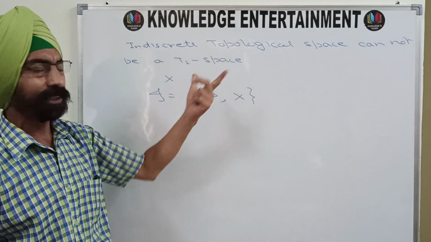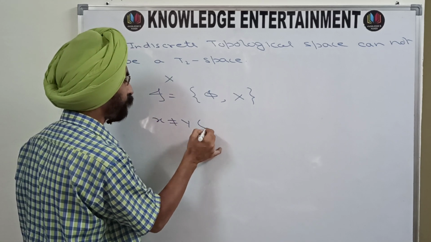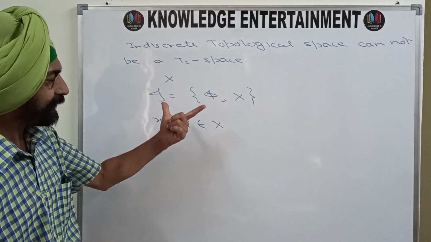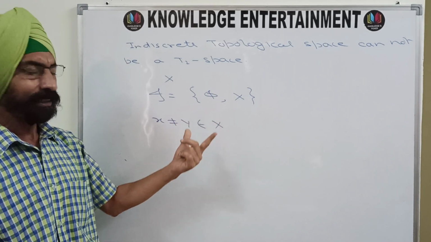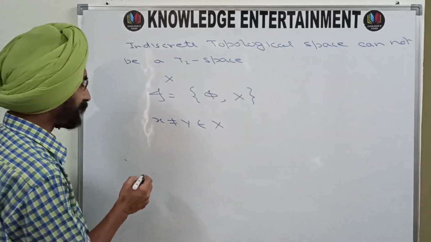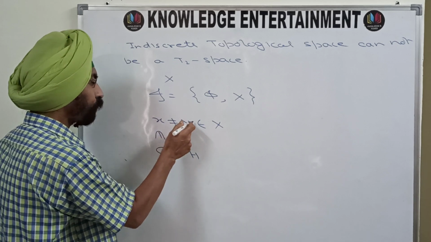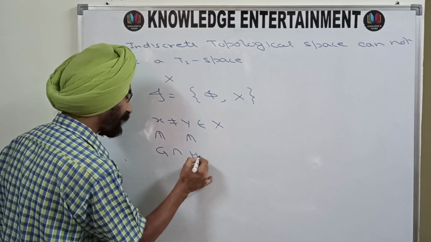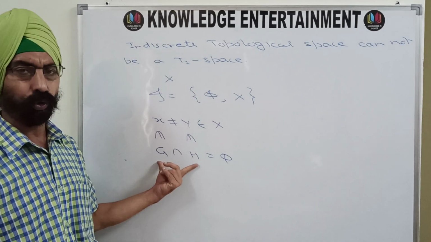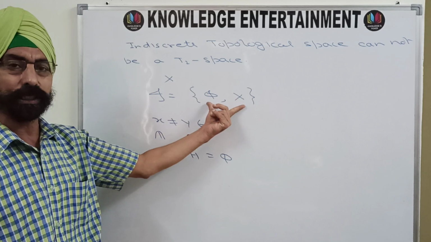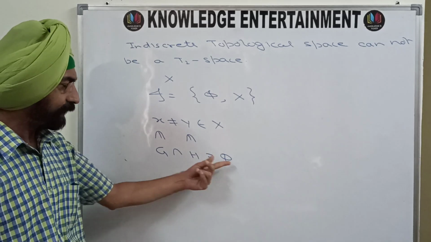Now what we have to show is that this is not a T2 space if you take any two distinct elements x and y from X. To make this topology T2, we need two open sets G and H such that x belongs to G, y belongs to H, and the intersection of these two is phi. But we are unable to find these two open sets. Why? Because we have only two open sets, phi and X. If you take phi and X here, then this condition is okay.